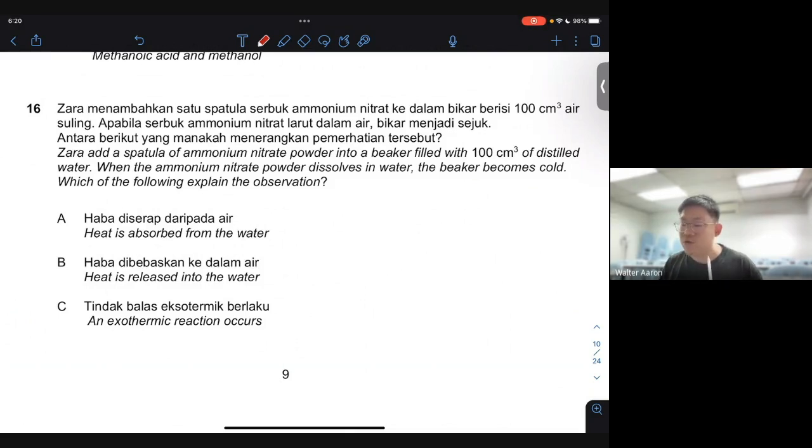The beaker becomes cold. What happens here is an endothermic reaction, because whenever you dissolve any ammonium salt, such as ammonium nitrate, in water, it creates an endothermic reaction that absorbs heat from the surroundings. So for number 16, the best answer to explain the chemical phenomenon is A: heat is absorbed from the water itself.